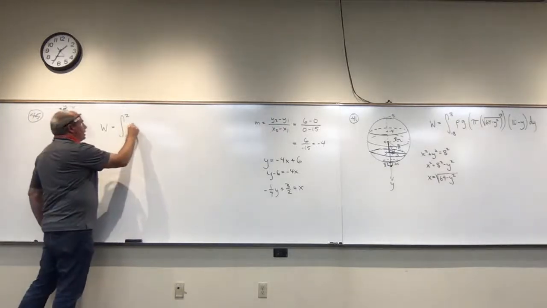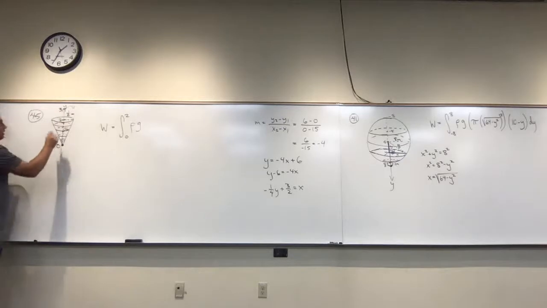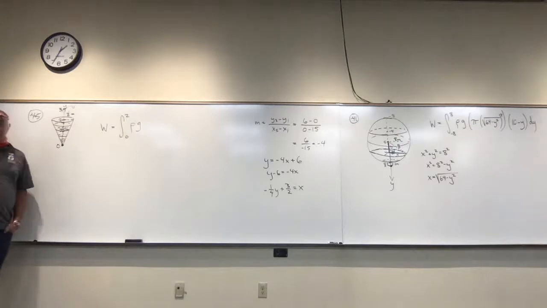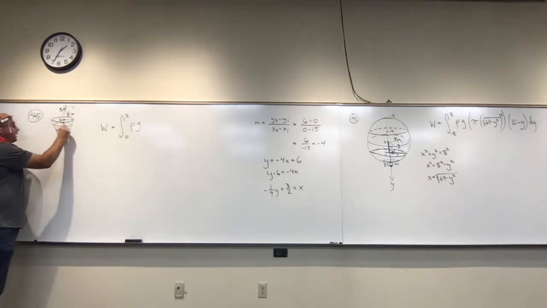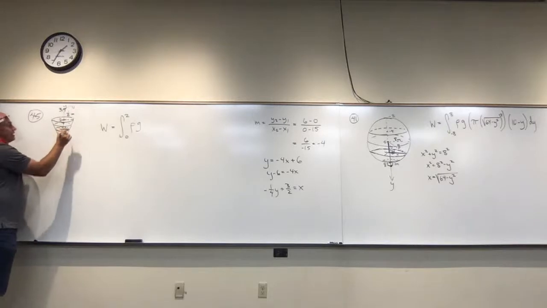Then I've got my density, my gravity, and then if I'm sitting at a point y, what is the area? Again, we're looking at a disk, which is pi r squared. So we just need to know what r is, and r is, I guess, that distance right there.